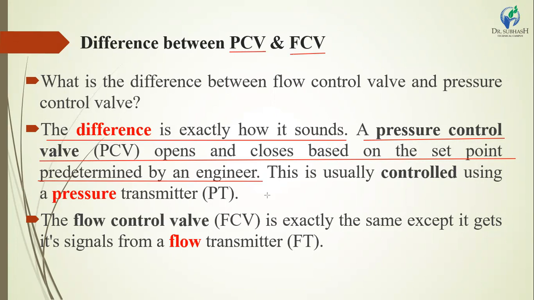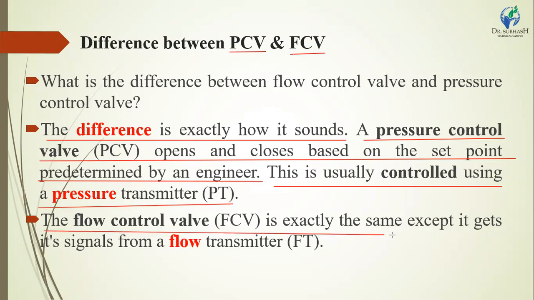At that point it opens, or at that point it may close. It is usually controlled using a pressure transmitter, PT. We predefine set limits for the lower side and the higher side, and it works based on pressure.